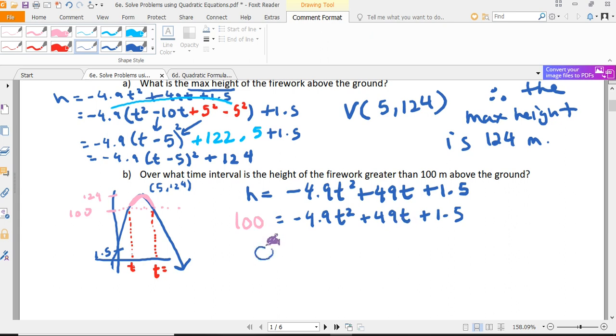Okay? So I'm going to move the 100 to the other side, which gives me negative 4.9t squared plus 49t plus 1.5 minus 100.